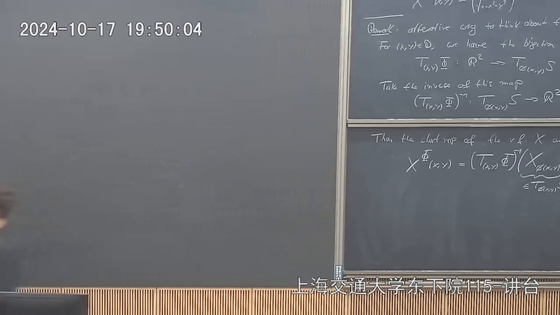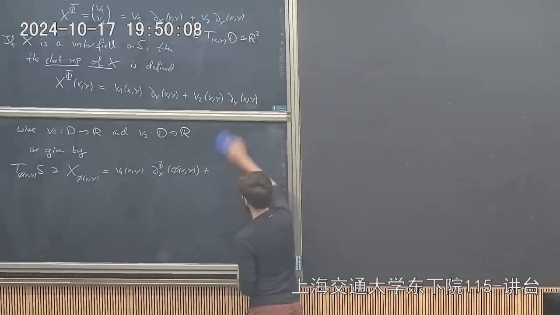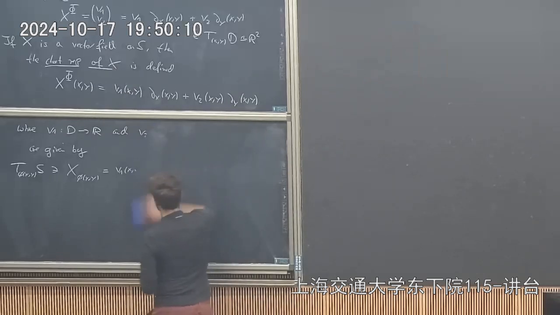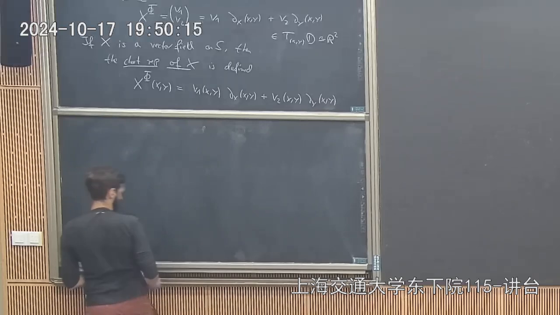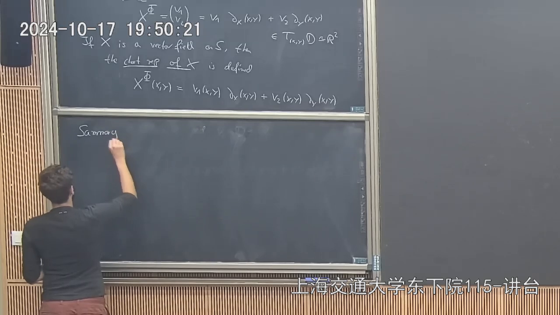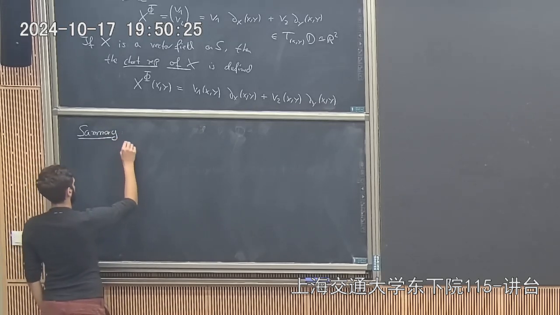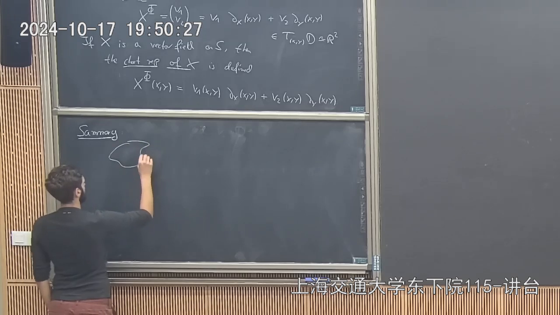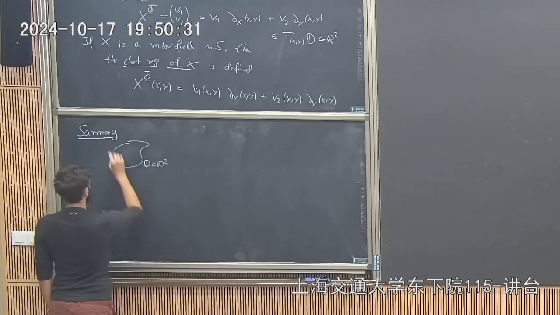And maybe I give you a picture again as a summary. The summary is that we have some open subset in R2.